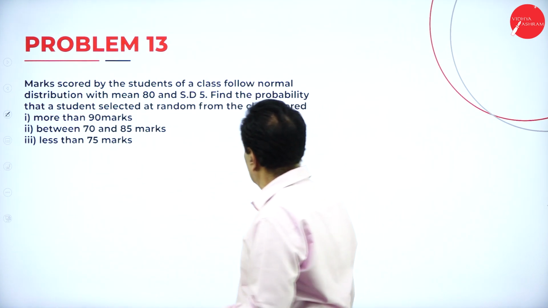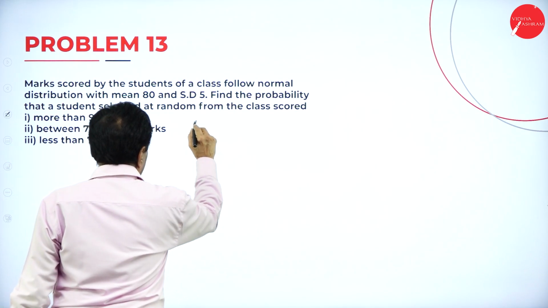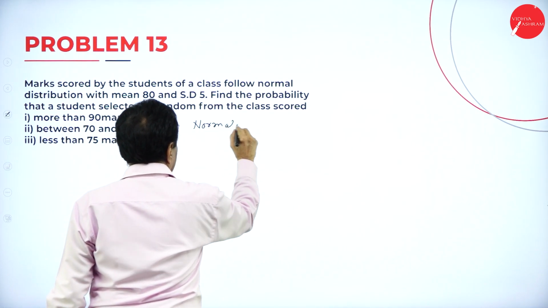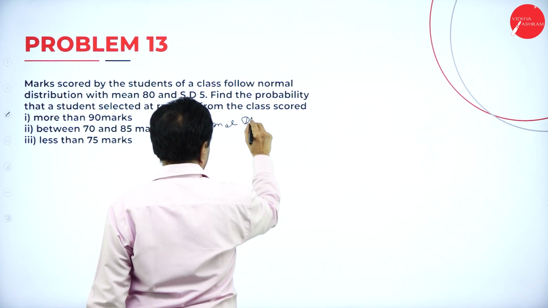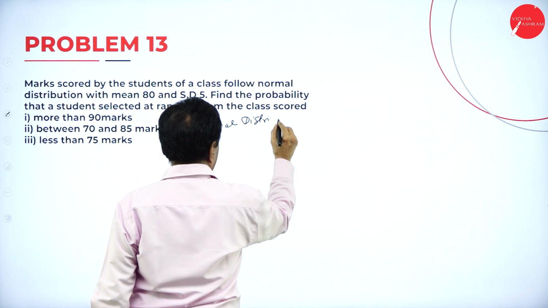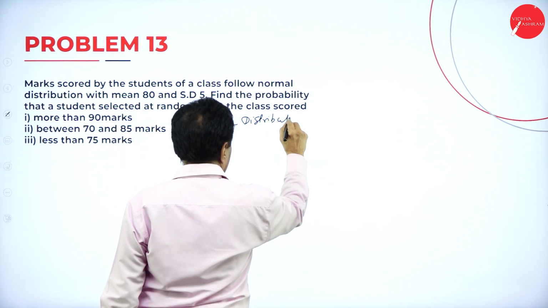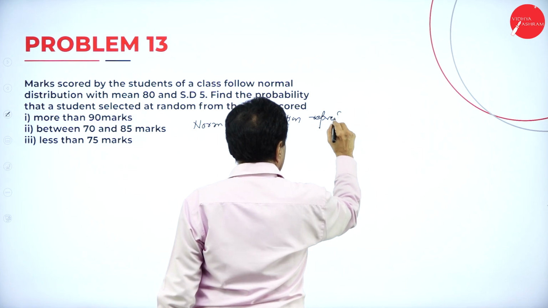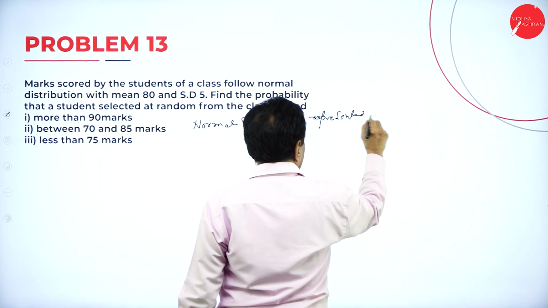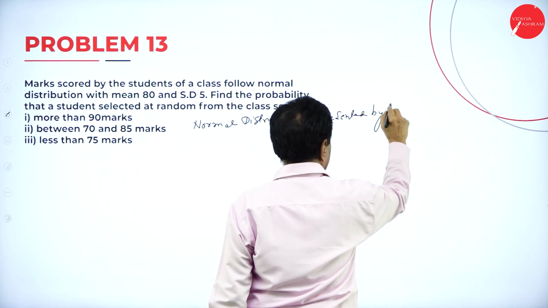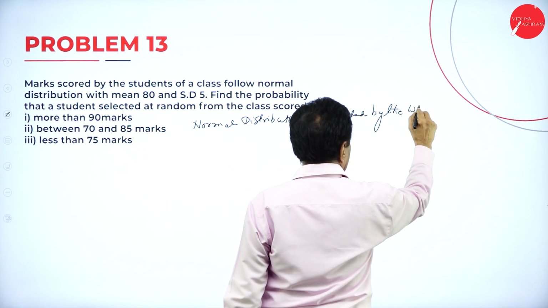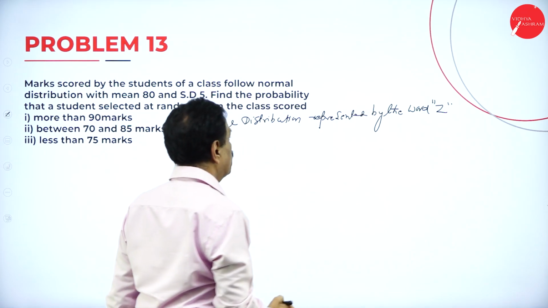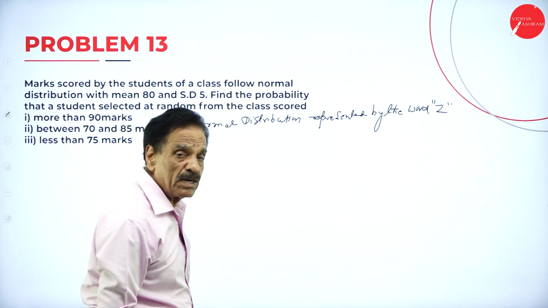So normal distribution, ND we say, is represented by the letter Z.